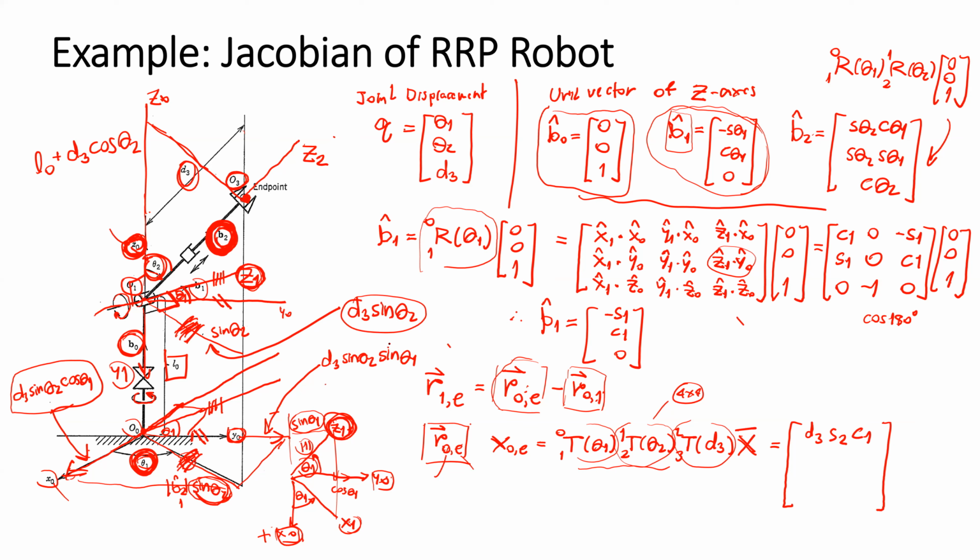In the y-axis will be D3 sine theta 2 sine theta 1. And in the z-axis will be L0 plus D3 cosine theta 2. The z-axis is independent of theta 1.